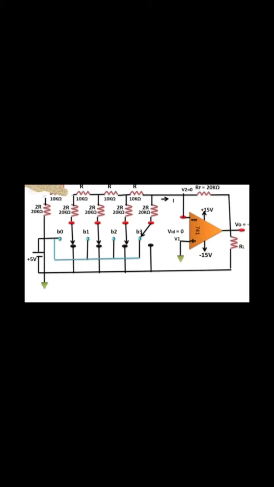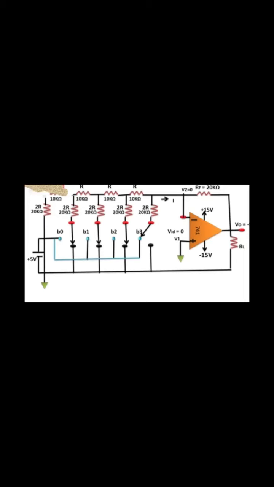As we have discussed just now, the binary inputs are simulated by switches B0 through B3 and the output is proportional to the binary inputs. The binary inputs can be either high or low.